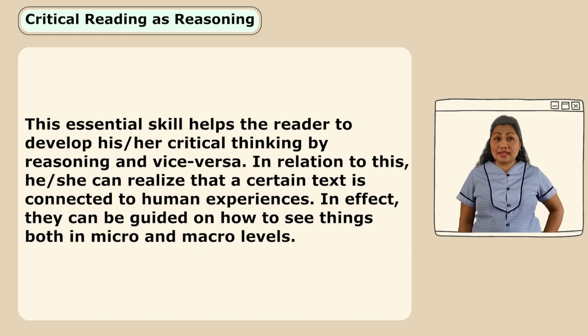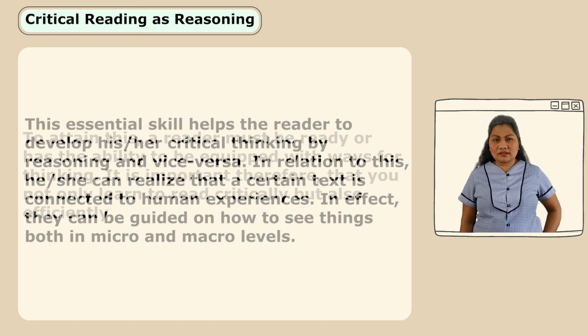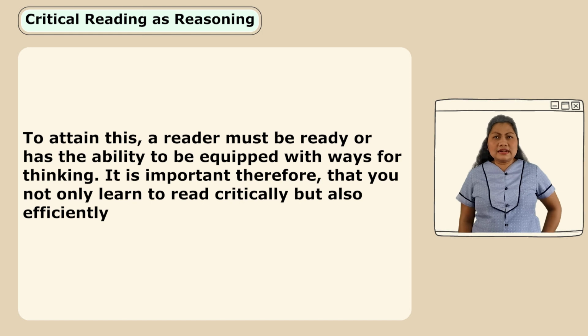In relation to this, the reader can realize that a certain text is connected to human experiences. In effect, they can be guided on how to see things at both micro and macro levels. To attain this, a reader must be ready or have the ability to be equipped with ways of thinking.